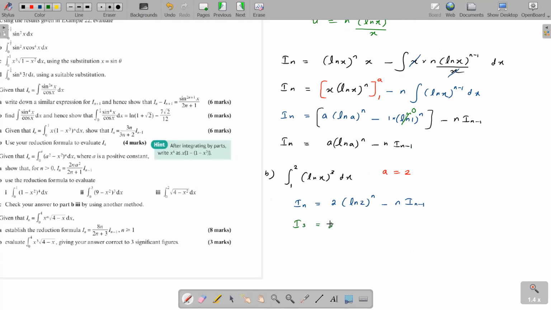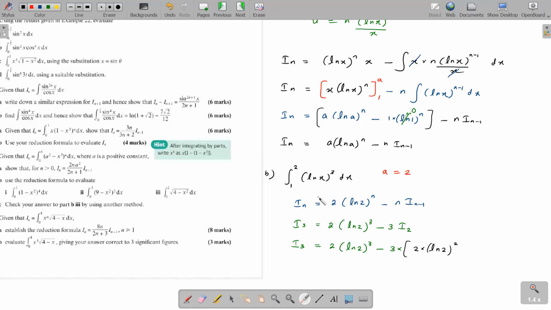So I_3 equals 2 times (ln 2)^3 minus 3 times I_(3-1), which is I_2. Do you agree with me? Continue. I_3 equals 2 (ln 2)^3 minus 3 times I_2. Who is I_2?